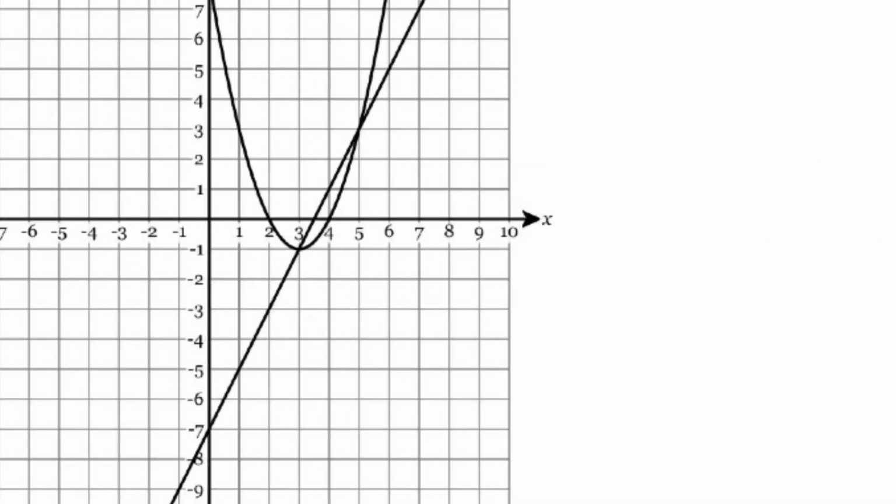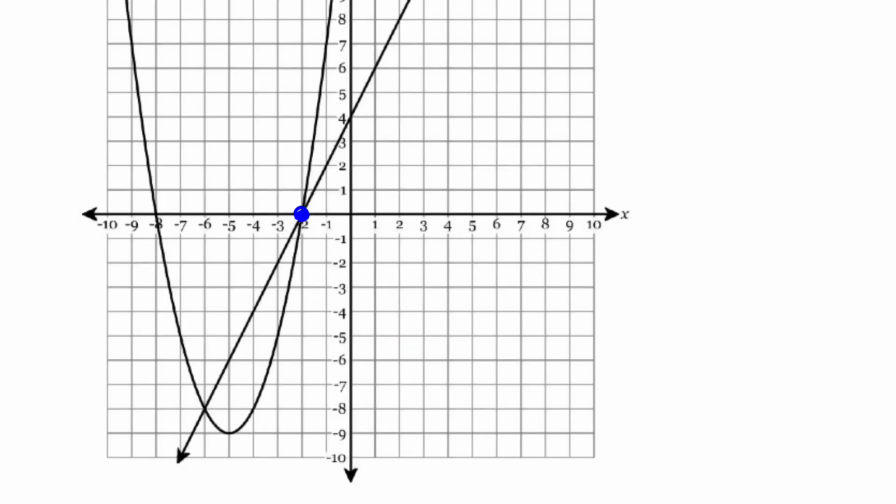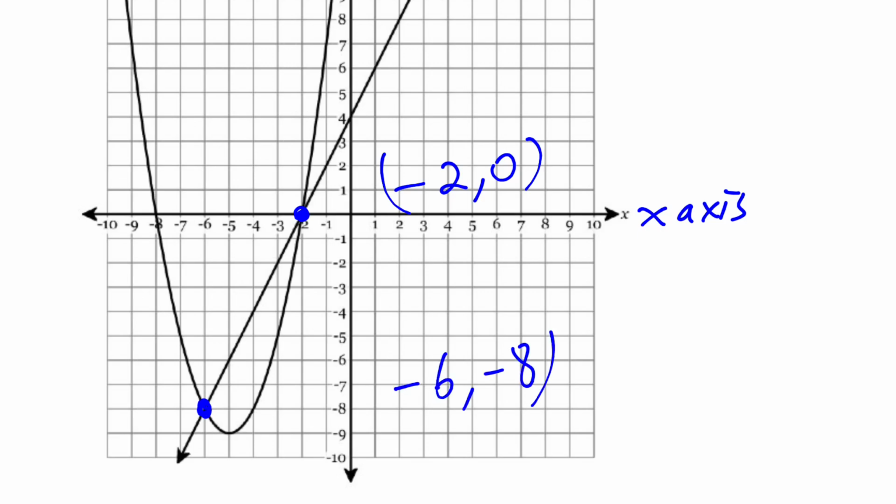We can do the same thing here. We can identify this coordinate as 5, 3. Identify this coordinate as 3, -1. Those are the two solutions. Next, I'm here at -2, 0. When I'm on the x-axis, then my y-coordinate is 0. And my other solution is down here at -6, -8.